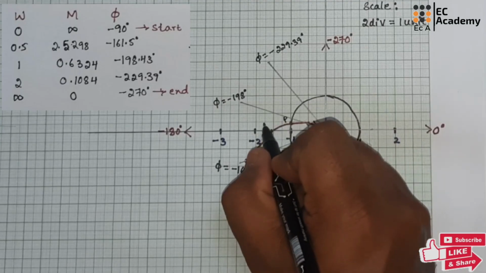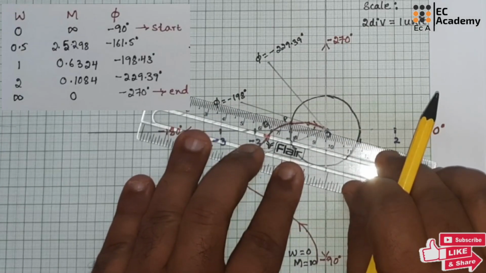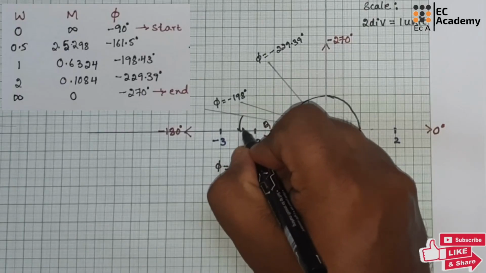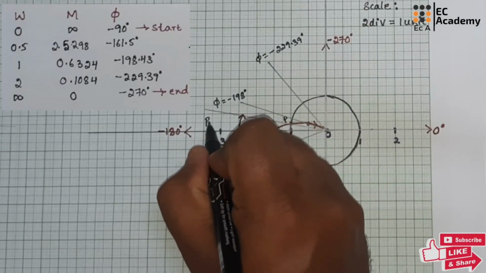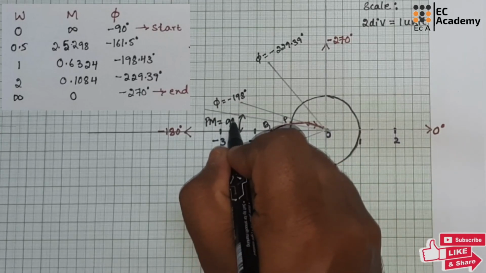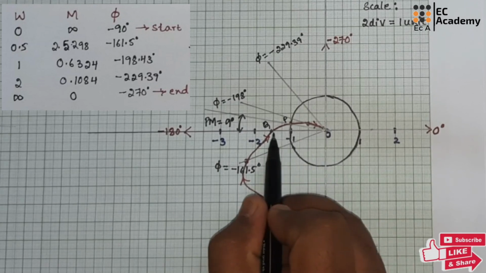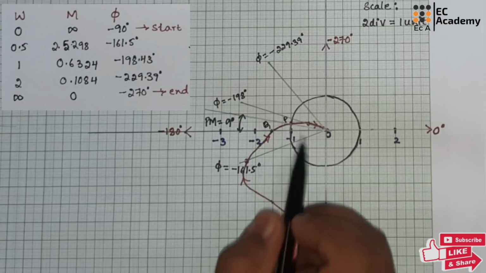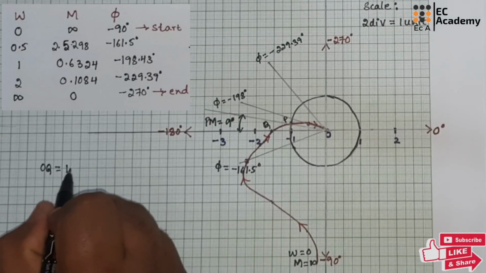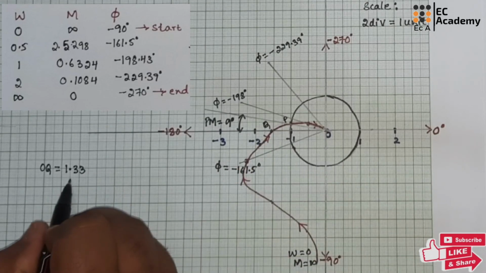Let us mark that point as Q. From this point P, if we draw the tangent, this angle will be the phase margin. If we measure this phase margin, we'll get approximately 9 degree. If we measure this distance from 0 to Q, we'll get approximately 1.33.